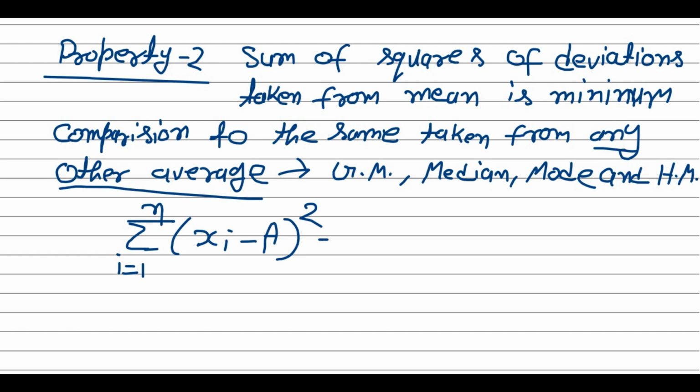Now I can write the same expression with xi. Don't forget to write the summation from i equals 1 to n of (xi - x bar + x bar - A) whole square.